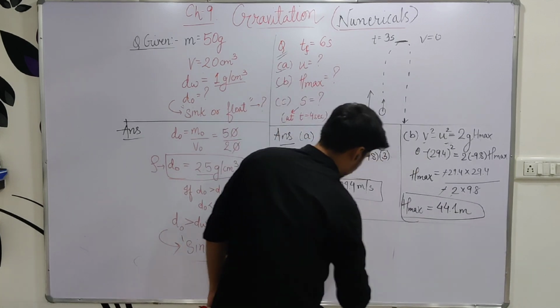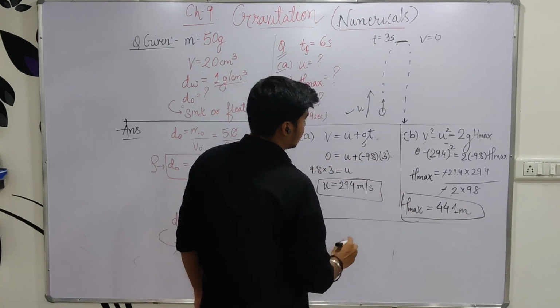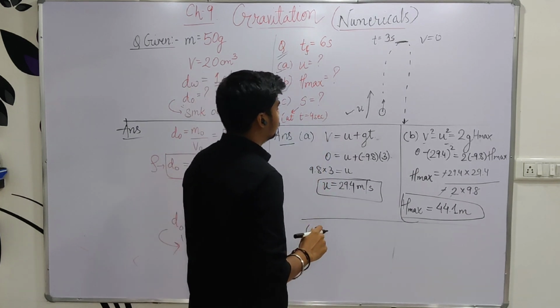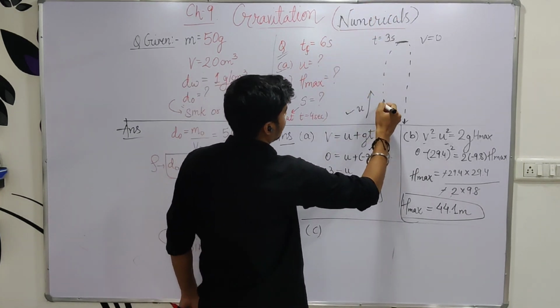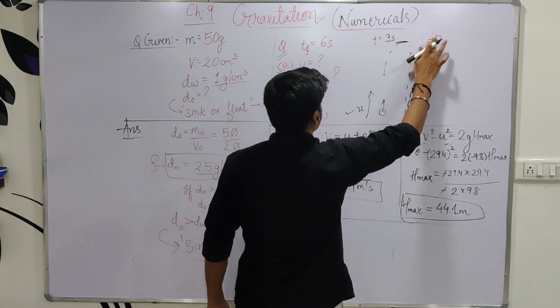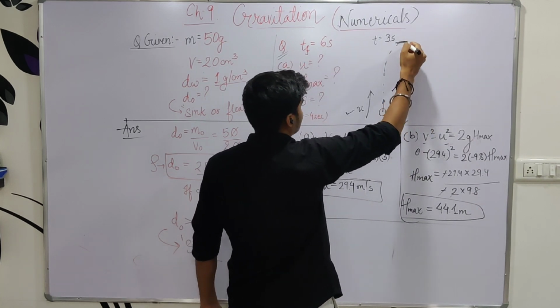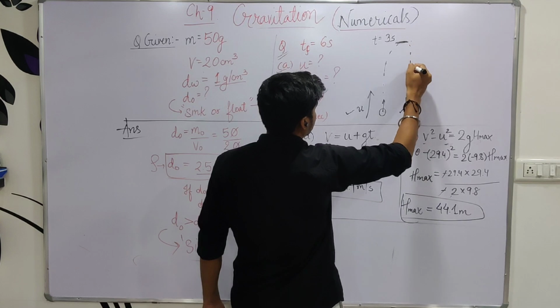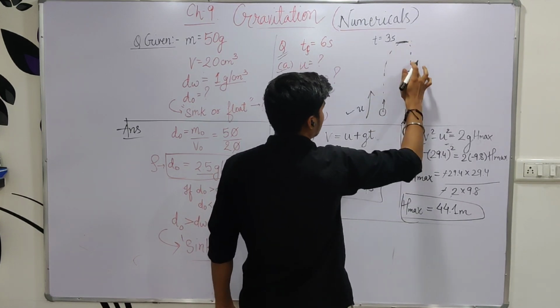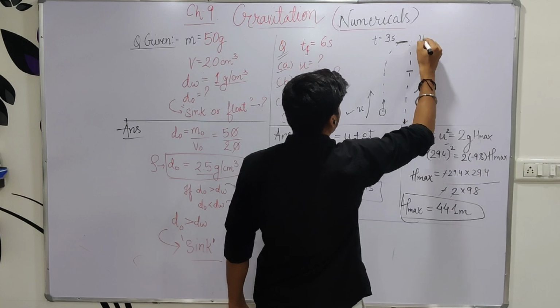Now the last part is again to calculate the height when it is at 4 seconds. As you can see, when it reaches the 3rd second, it has a velocity of 0. So imagine a situation when the object was moving from here to here somewhere. In 1 second, the total will be 4 seconds, but here its velocity was 0.